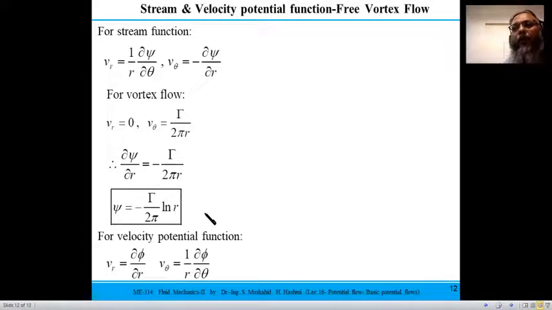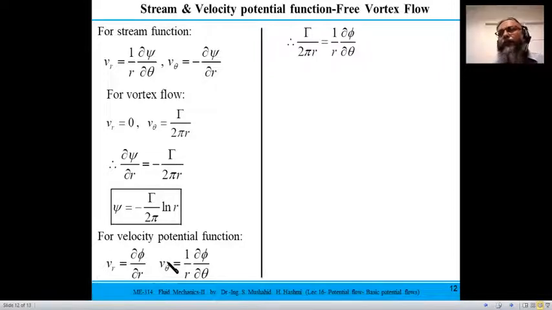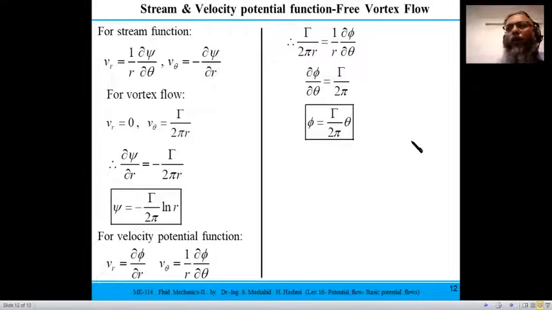If we know the relationship between the tangential and radial components in terms of the velocity potential function, then I just substitute v theta equal to circulation divided by 2 pi r, and I get the expression for the velocity potential function.